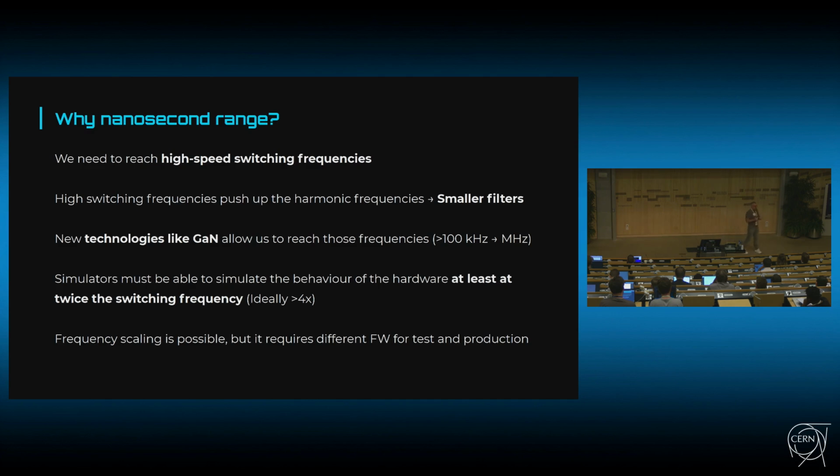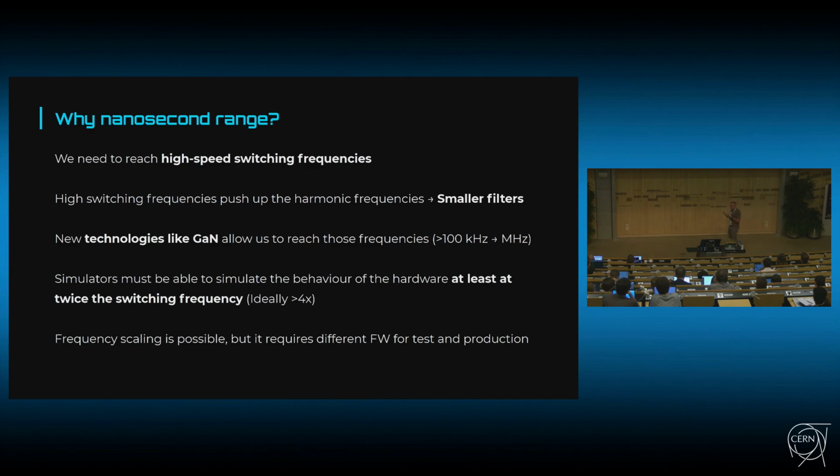It is true that we can scale the frequency of the system. We can take a system that has a natural frequency of megahertz and modify its coefficients in order to make it slower. But if we modify the frequency of the system, we also need to modify the frequency of the controller.